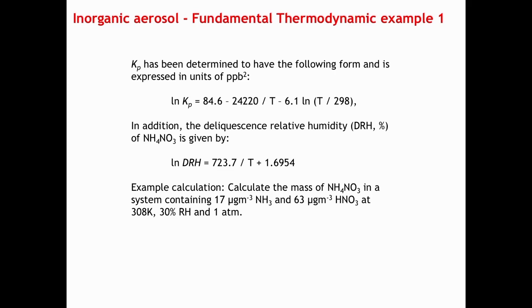How much ammonium nitrate will you form? How do you calculate that?